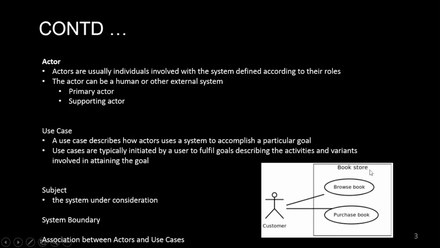A use case is represented with an ellipse, and the name of the use case is written inside it. The subject is written by drawing a rectangle, which is nothing but a system boundary, and the label for that system could be written inside it. Then use cases are drawn, as I told you, inside this rectangle, this boundary, and actors are drawn outside of that rectangle.